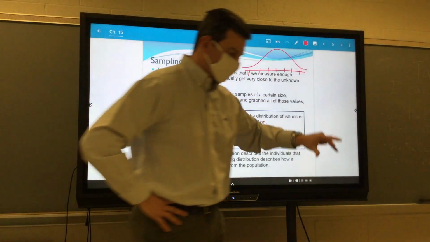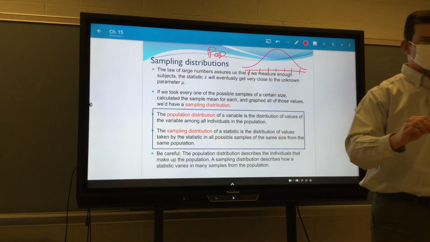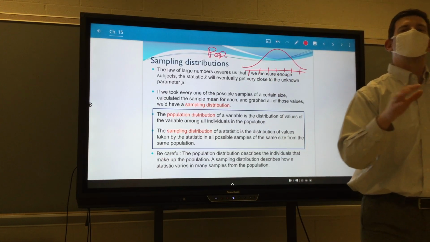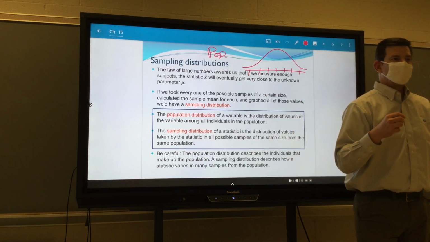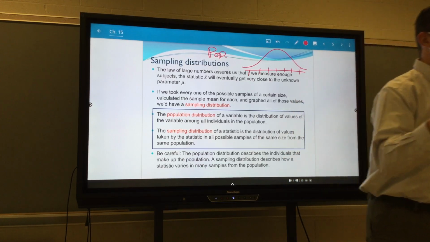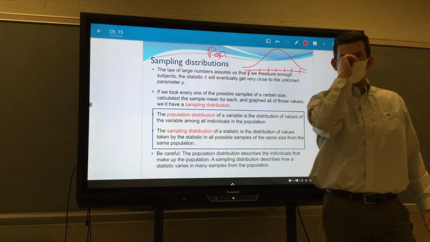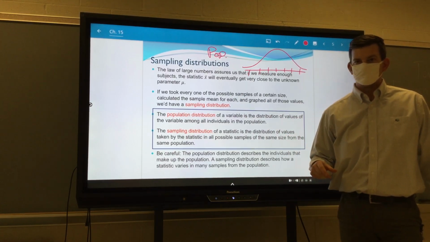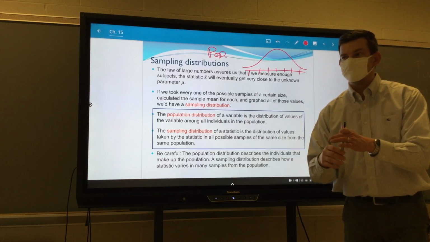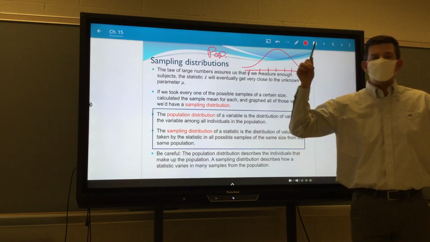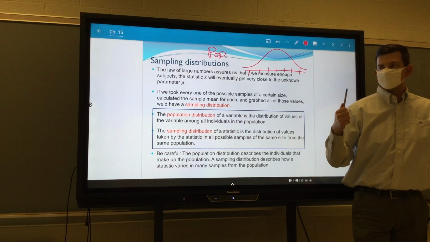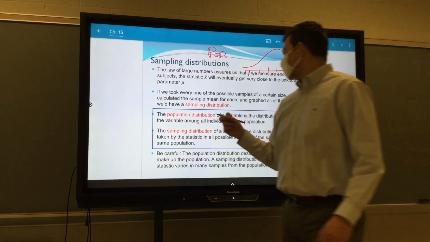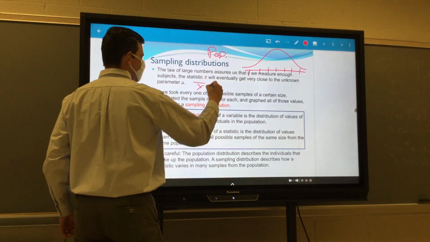We have a population, that population has a mean. Let's say we're taking samples of size 25. We're taking every single possible sample of size 25 in that population, and the average of those averages becomes this population mean.